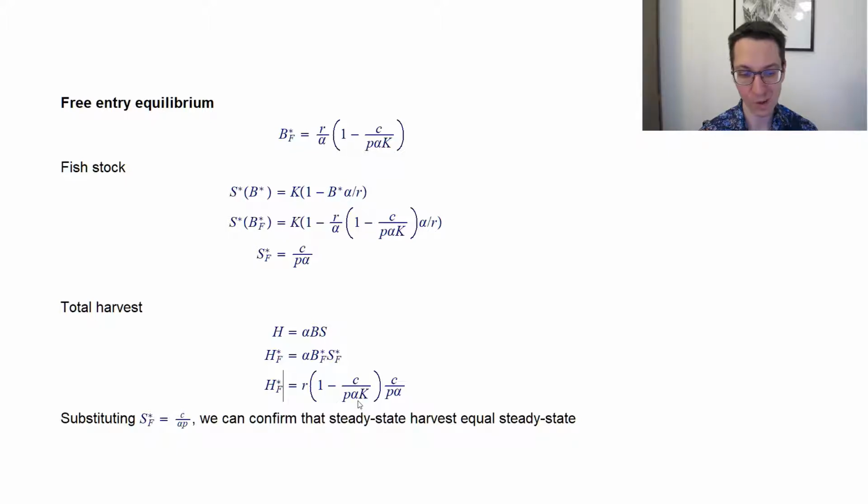Why? Well, because the higher the cost, the less I want to fish. But at the same time, the less my neighbors want to fish. So there's more fishes to catch. So the higher the cost, or the lower the price, or the lower the technology, well, it has this double impact on the amount of harvest.